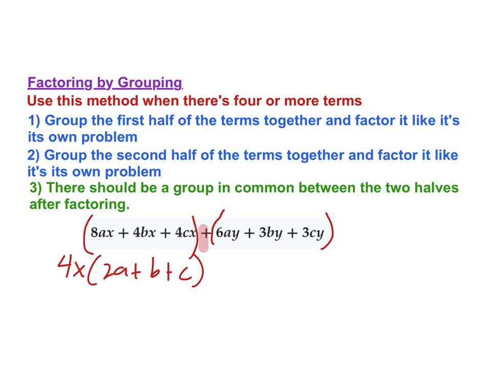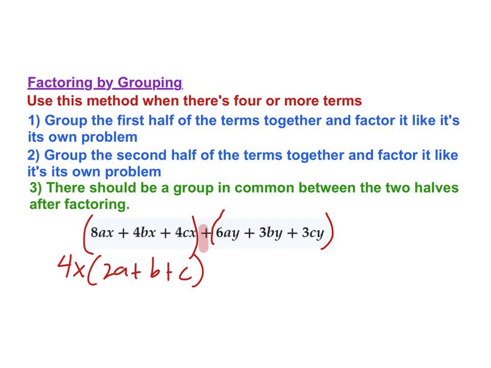Now, as you enter into the second part, understand this. Your goal is to have another 2a plus b plus c. We want this to happen again over here. If it does, then we've done it right, and it's factorable by grouping. If it doesn't, either we've done it wrong, or it's not factorable by grouping.